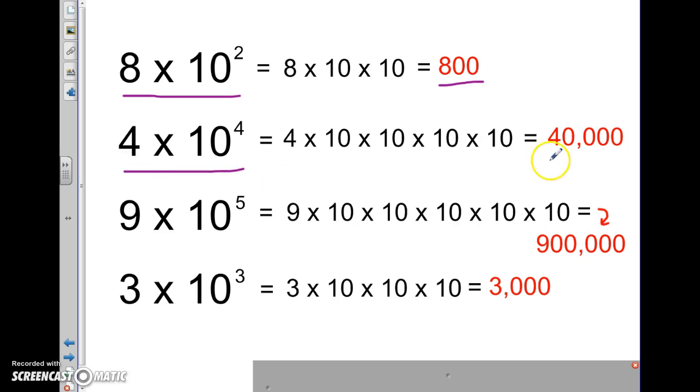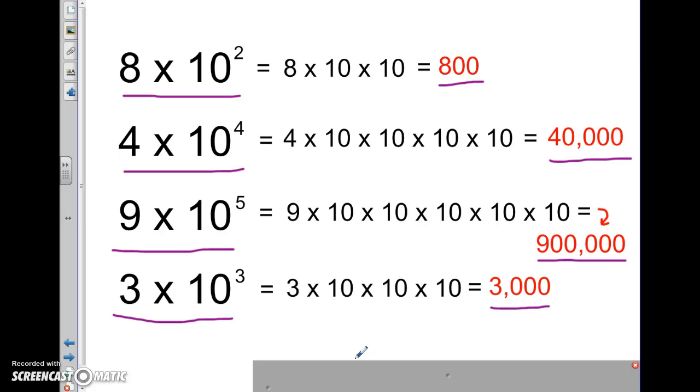See if you can find a pattern. What pattern do you see? What do you observe about the product that is created from this multiplication problem? From each one of these. So go ahead and take a look at that.